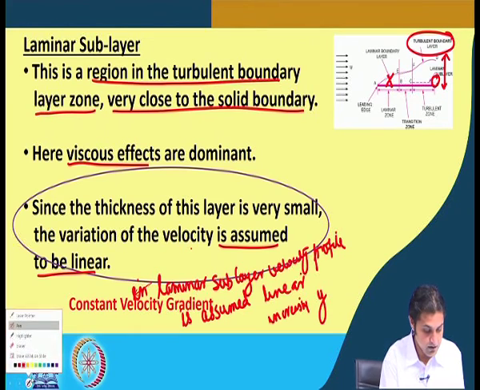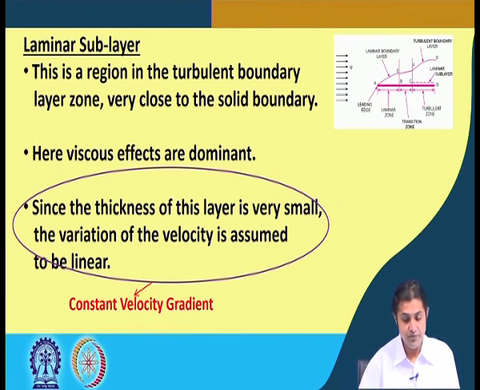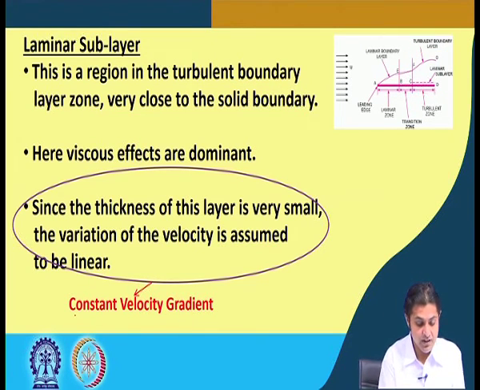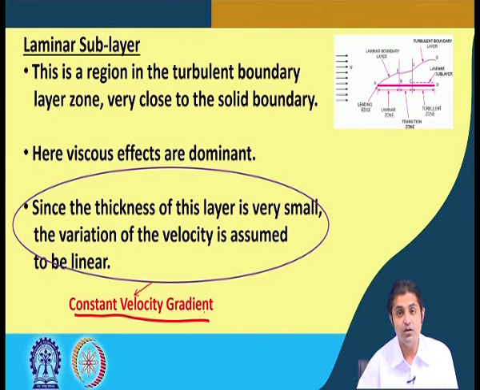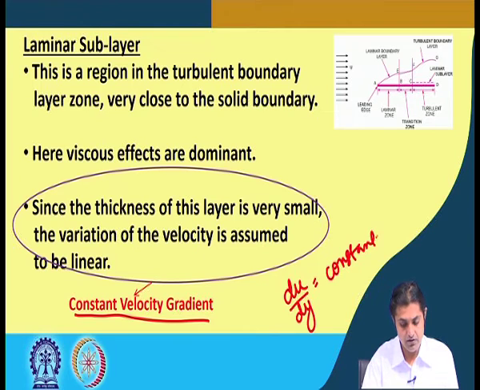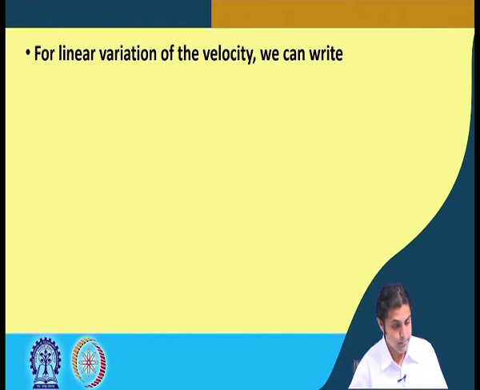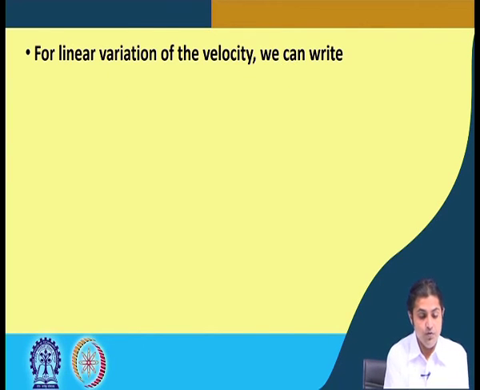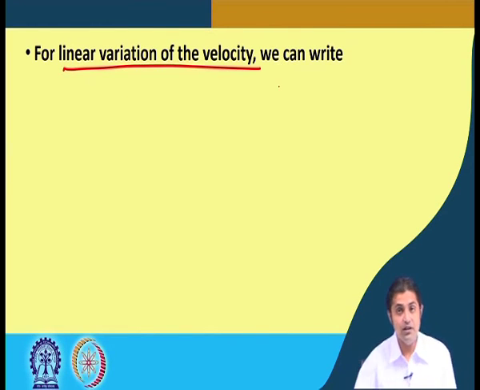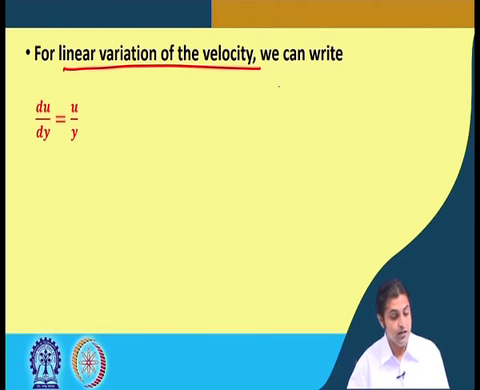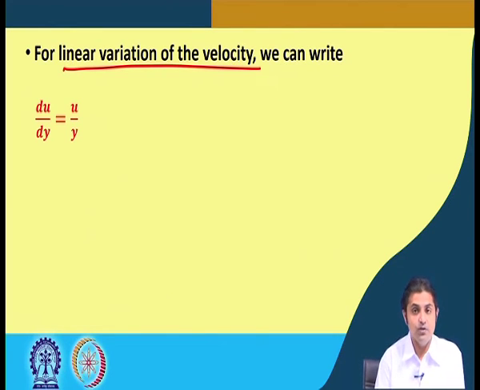Okay. And we also assume that this has a constant velocity gradient. So, the velocity gradient du by dy is constant. Okay. Therefore, for linear variation of velocity, we can write du by dy is equal to u by y. Okay.